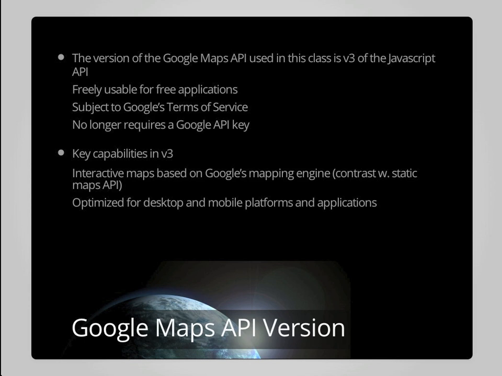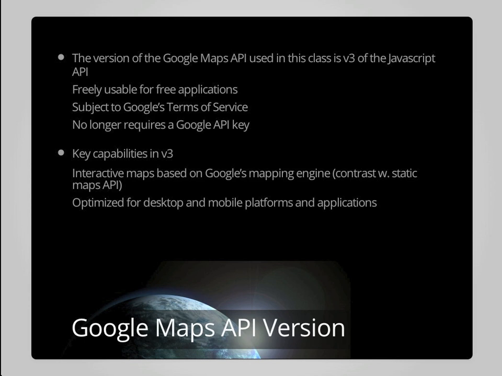And more recently, they've actually added to those terms of service limitations on the number of map requests that can be submitted per day by applications. And this is causing some application developers to rethink their use of Google Maps in their applications. And one of the significant changes that occurred with version 3 of their API was that applications that are communicating with Google services using the API are no longer required to have an API key, essentially a specific code that has been provided by Google to enable those applications to send requests to Google systems.